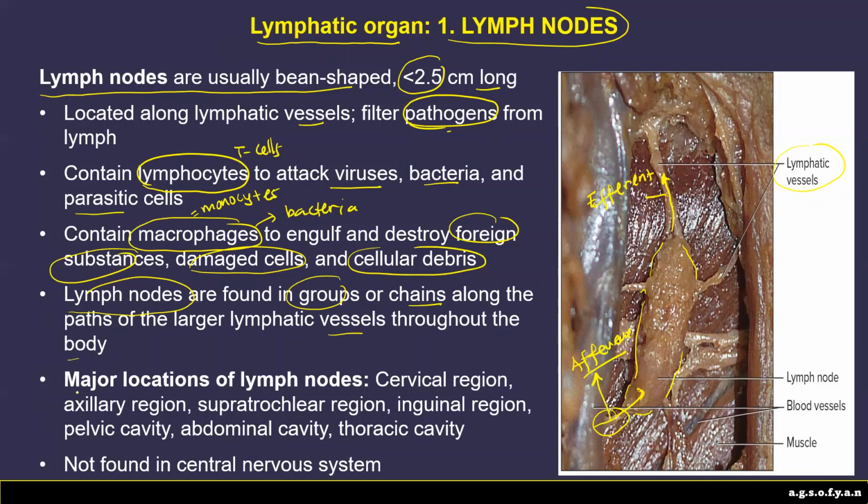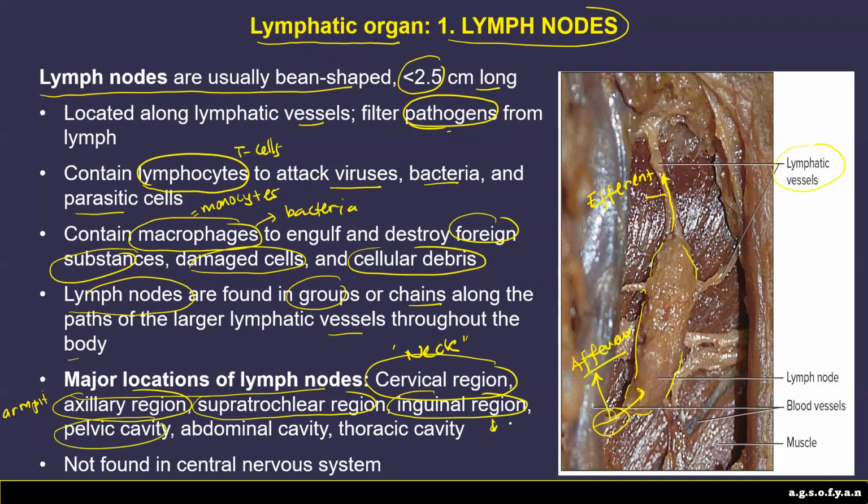Major locations of the lymph nodes are the cervical region, which is the neck area, and the axillary region, which is the armpit area. Then the supratrochlear region, inguinal region, and pelvic cavity.